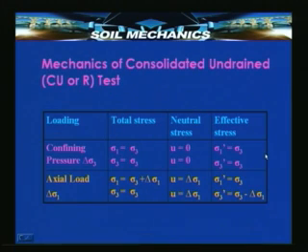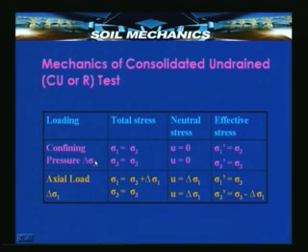This table is now important. Mechanics of the consolidated undrained test. Like the consolidated drained test, we have here a column for loading, then 3 columns for total, neutral and effective stresses. The loading, first stage is that of application of delta sigma 3, second stage is the application of delta sigma 1.